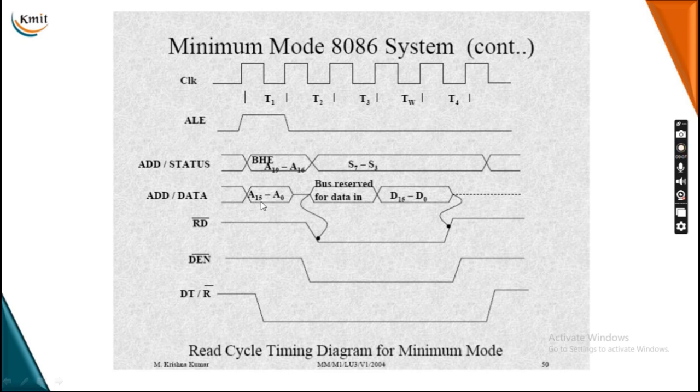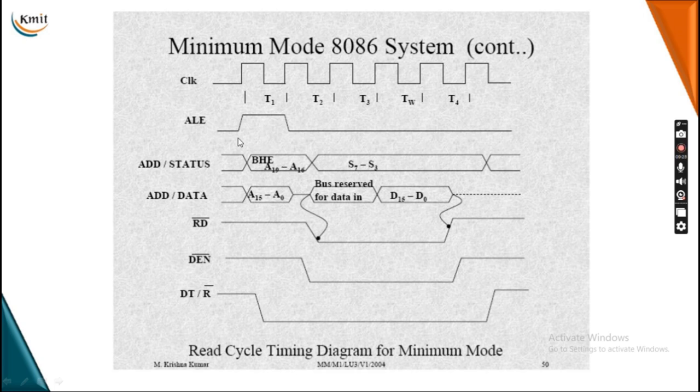A0 to A15 is multiplexed with the data in AD0 to AD15, whereas A16 to A19 are separate for the address, which are taken as your status.